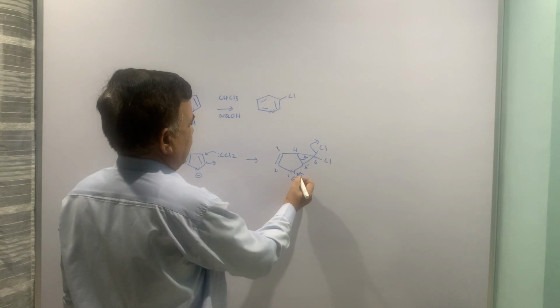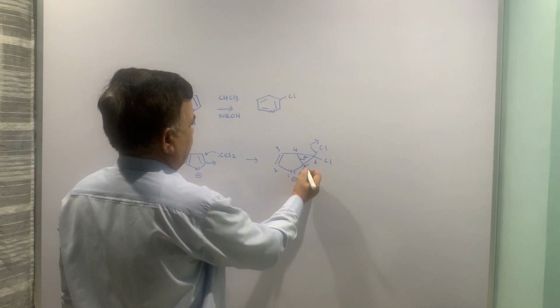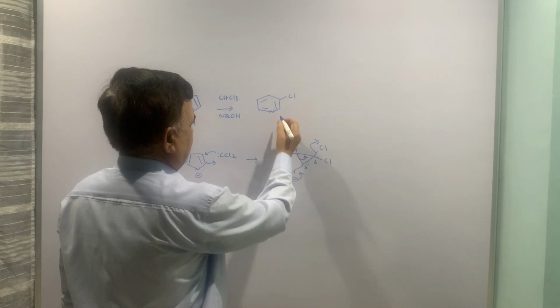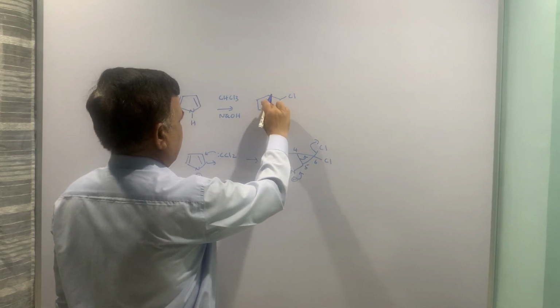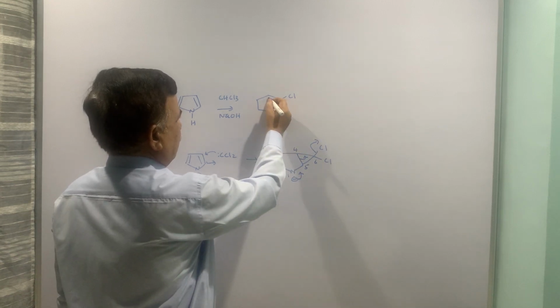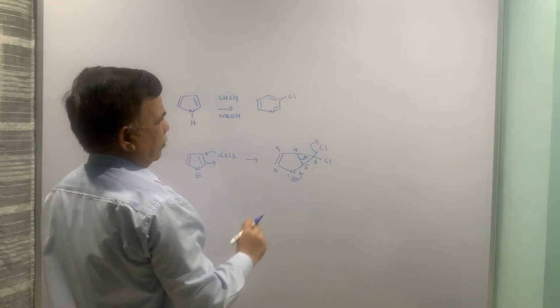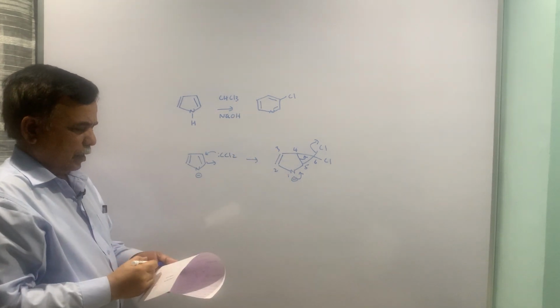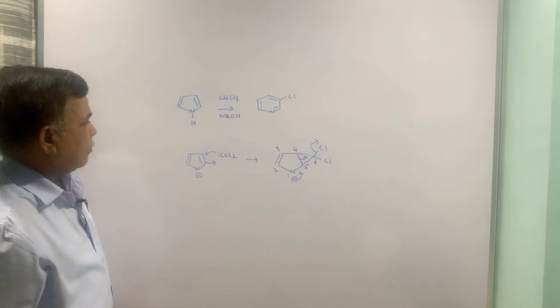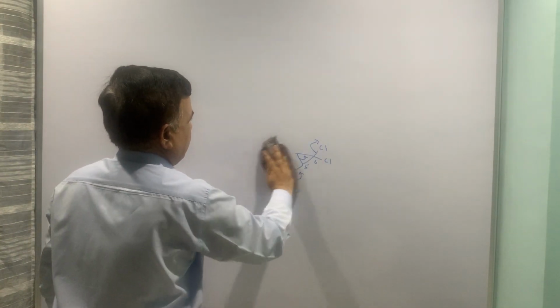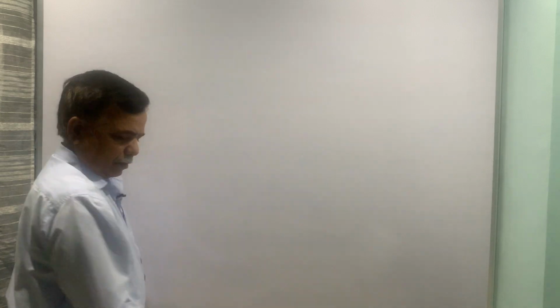So nitrogen, and then there will be a double bond. Let me draw it as it appears. Okay, that is how it will look like. So that is another example of neighboring group participation, and the participation is through sigma bond.